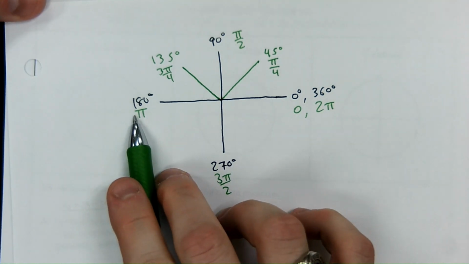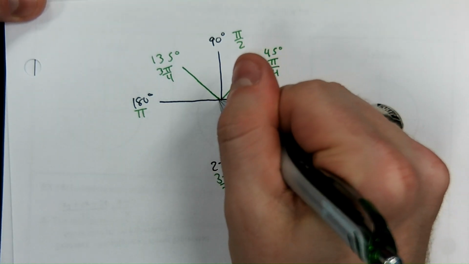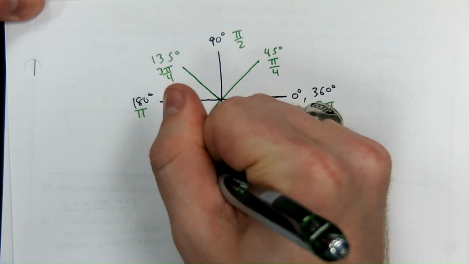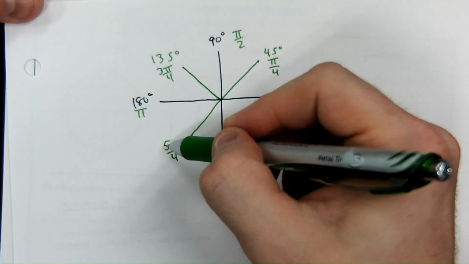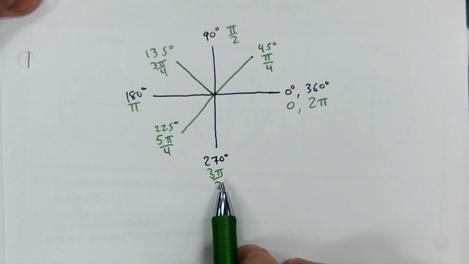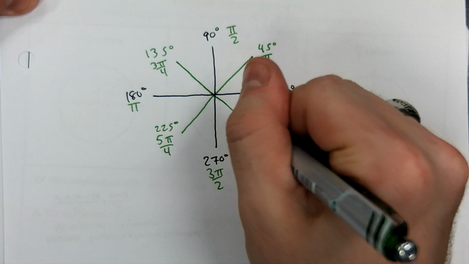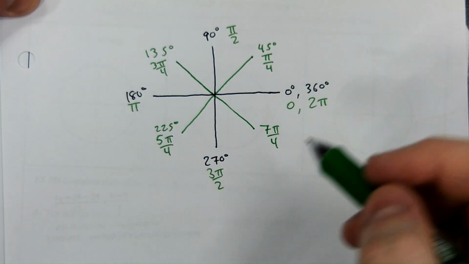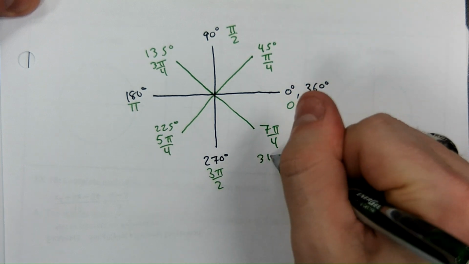Here's 4/4 reduced to 1. Here's 5/4 of a pi, also 225 degrees. Here's 6/4 reduced. Here's 7/4, which is going to be, what, 315 degrees?